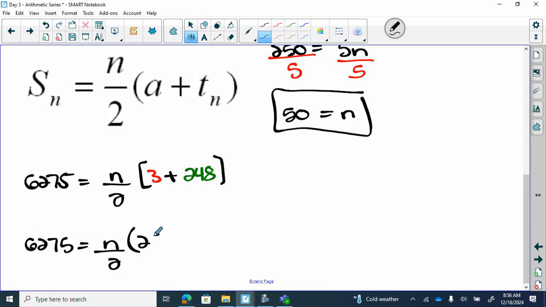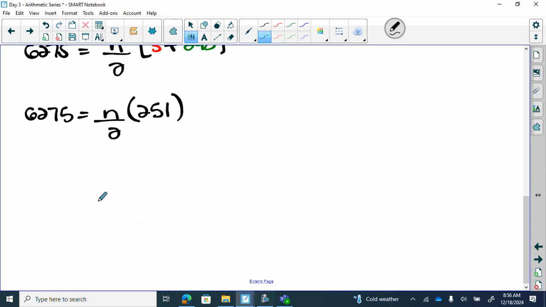In there, I'm going to get 251. What would you do to solve this? To get n by itself, how would I get rid of this? Multiply both sides by 2. That's going to give me 12,550 equals 251n. That 2 would cancel that 2. N times 251 is 251n. 12,550 divided by 251. There's your 50.